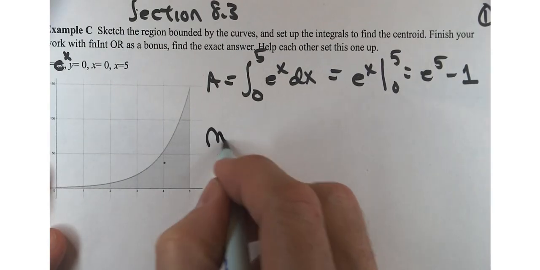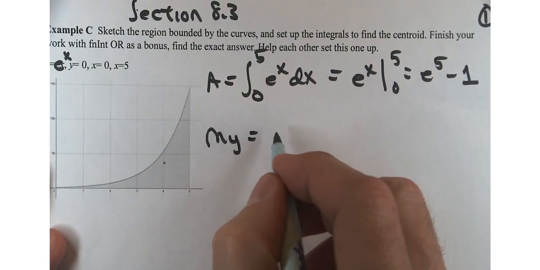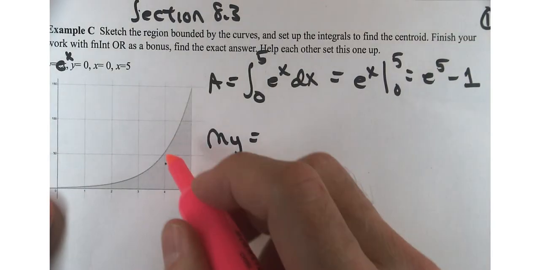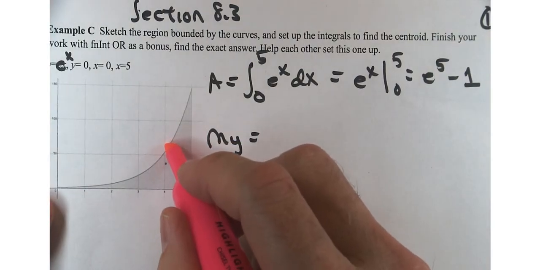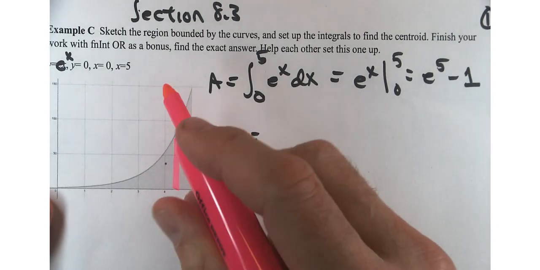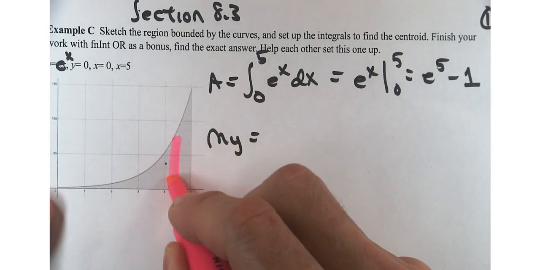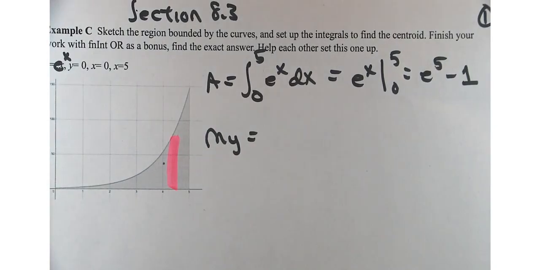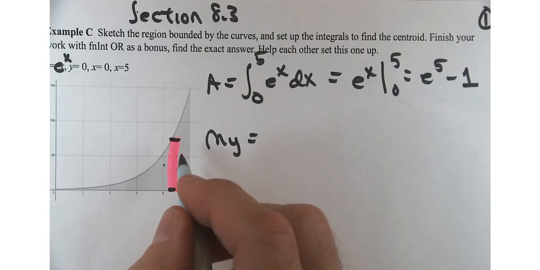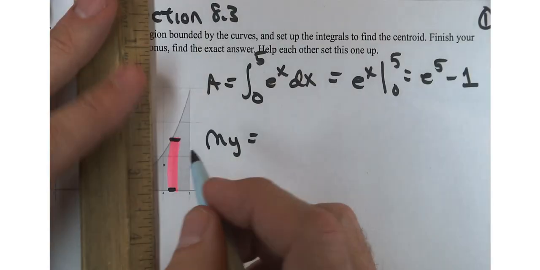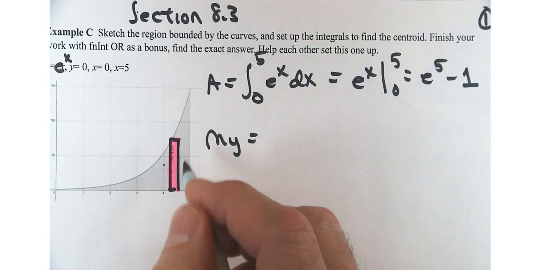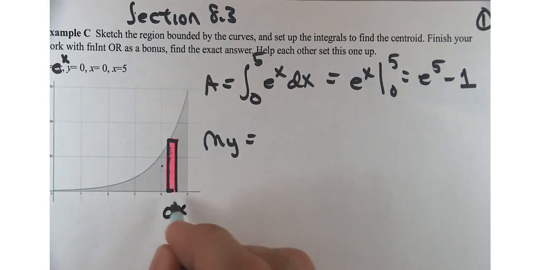So M sub y. And we'll do that the same way we did the previous one. We'll draw ourselves a little slice here. For these problems, I'm always taking dx slices. So dx.